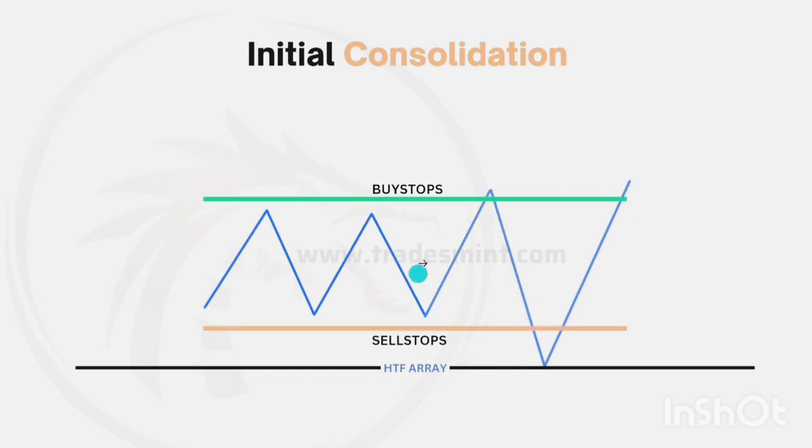We can also have a variation where the buy stops are initially triggered and the market will then turn to activate the sell stops and into our higher time frame PD array and then expand away from the initial consolidation.